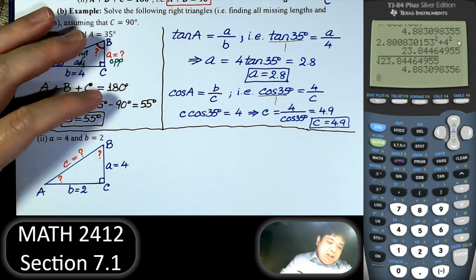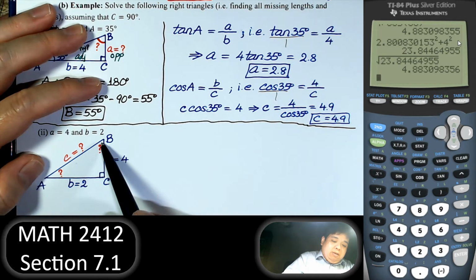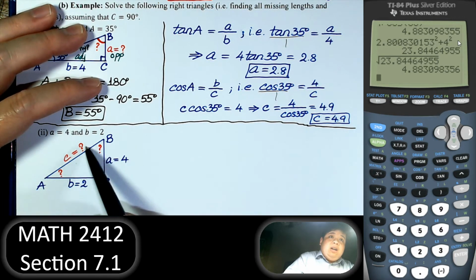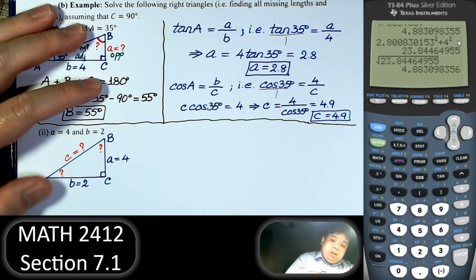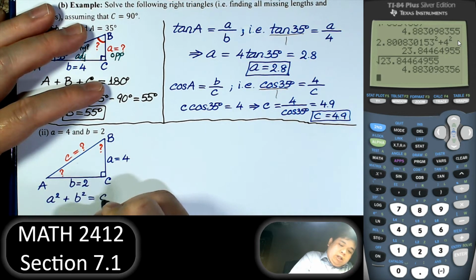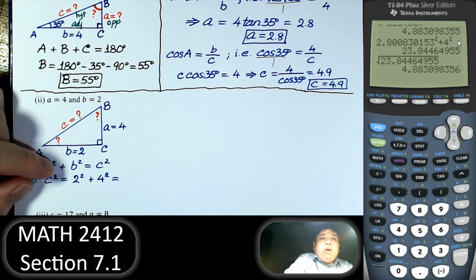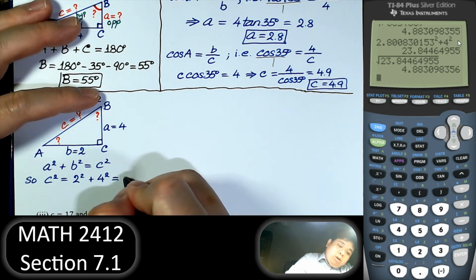All right. So if we know the size of the legs, we can find c using the Pythagorean Theorem. a square plus b square equal to c square. So c square is equal to 2 square plus 4 square. 2 square is 4 and 4 square is 16. 4 and 16 is 20.